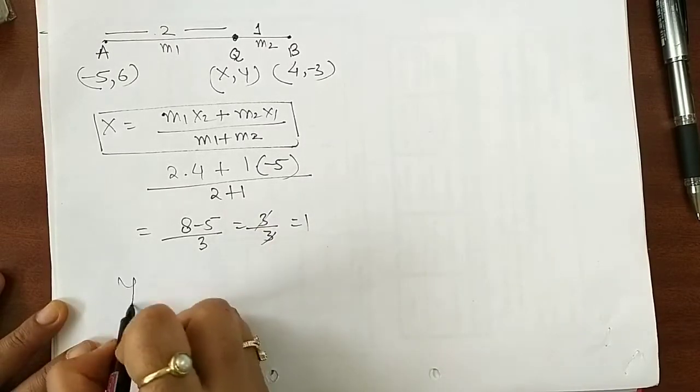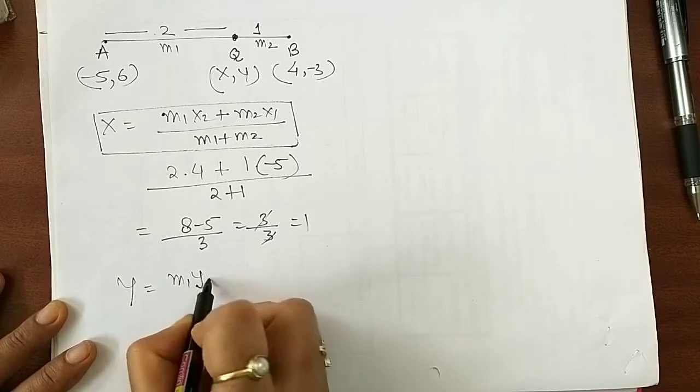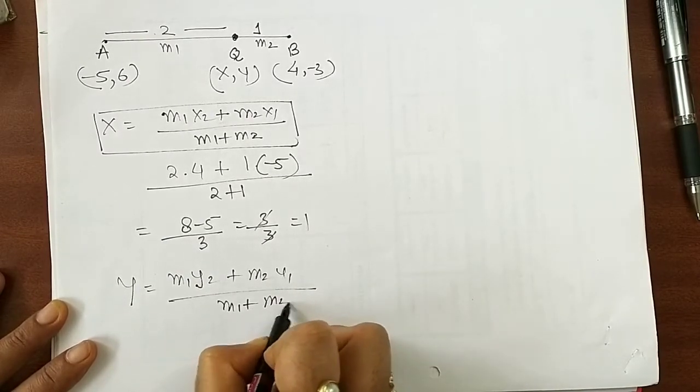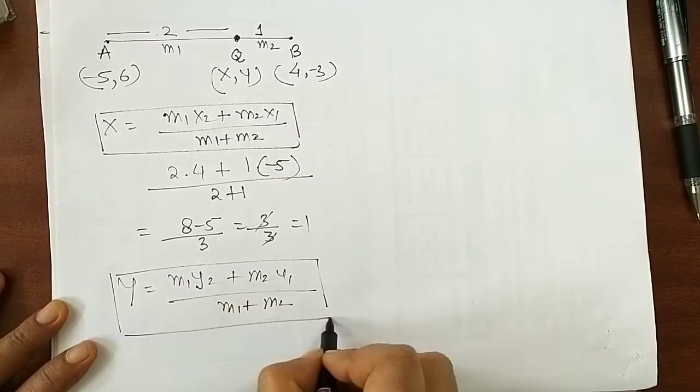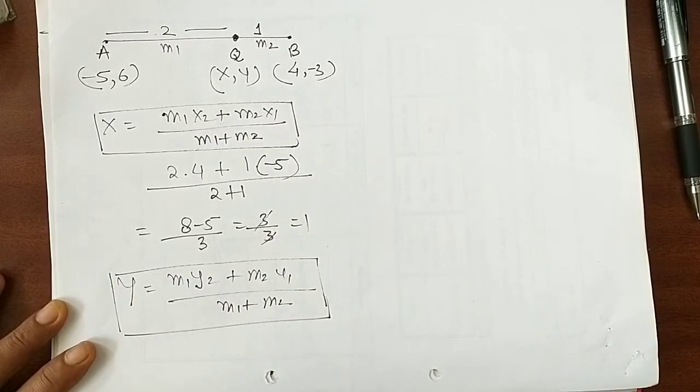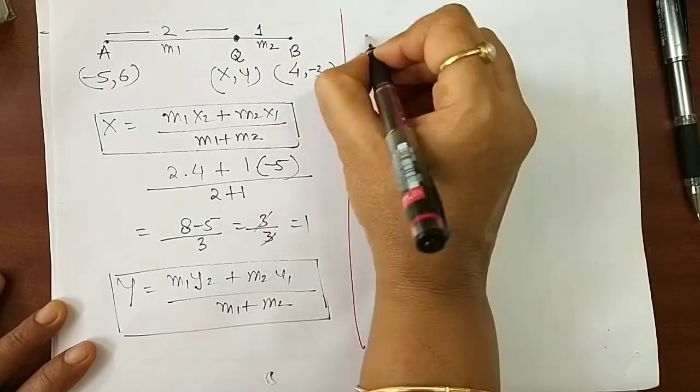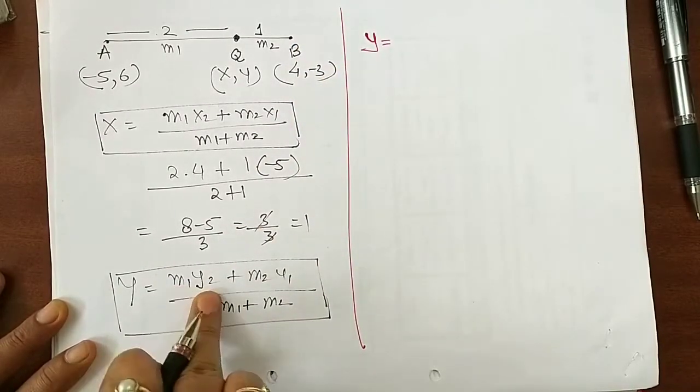Now let's calculate for y. So it will be M1 y2 plus M2 y1 by M1 plus M2, correct? So my value will be y is equal to M1 y2.